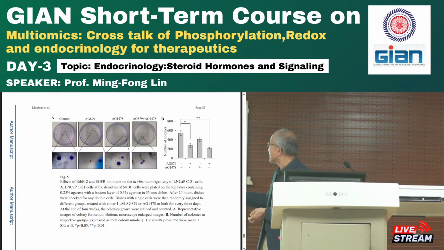So that means over 95% of the experiment, the cell growth, the soft agar growth, will be inhibited by ERB2 inhibitor, but not by EGF receptor inhibitor. So then p less than 0.01, that means over 99% get the same result. And usually we cut off at 0.05 because 95% follow the rule.